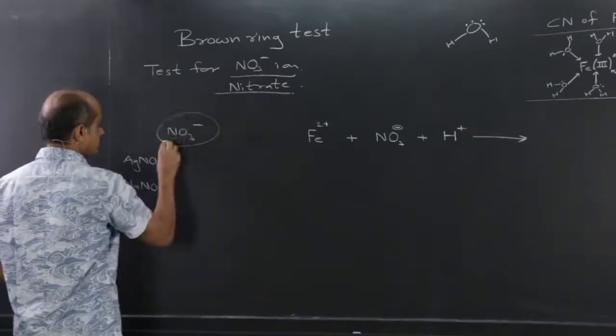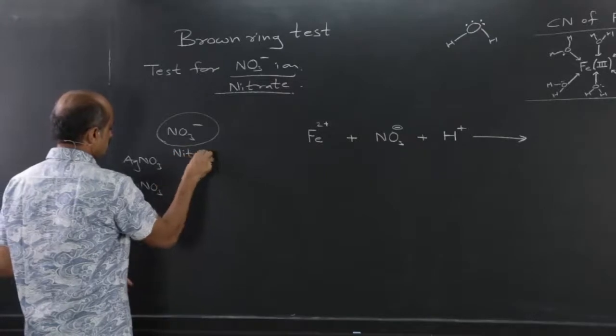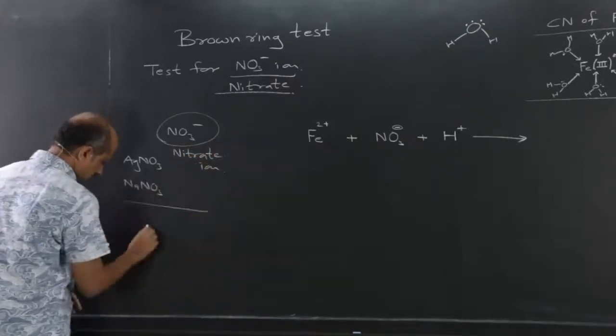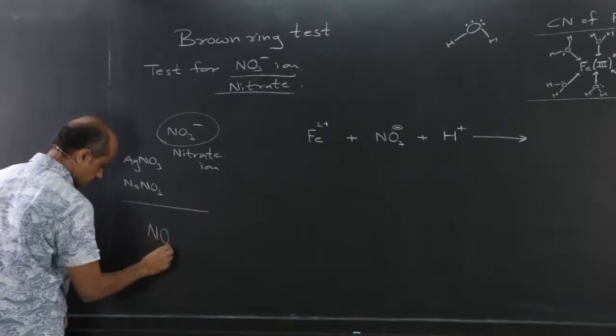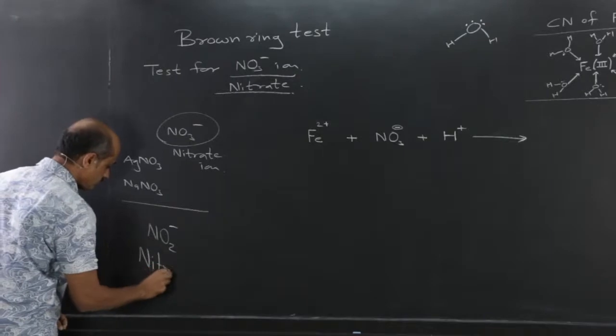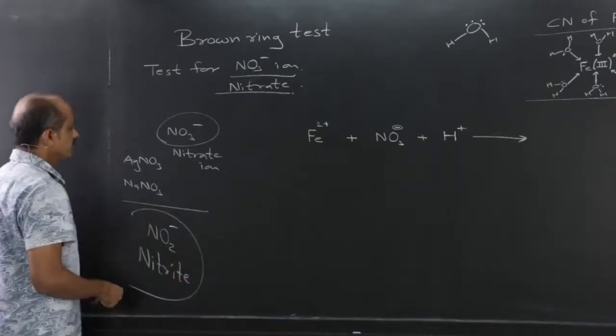This NO3 minus ion is the nitrate ion. One more ion of nitrogen, NO2 minus, is the nitrite ion. Don't confuse them.